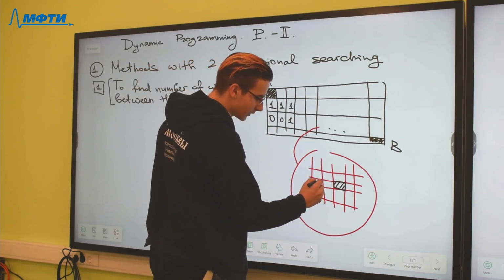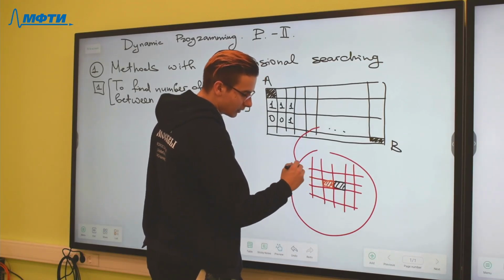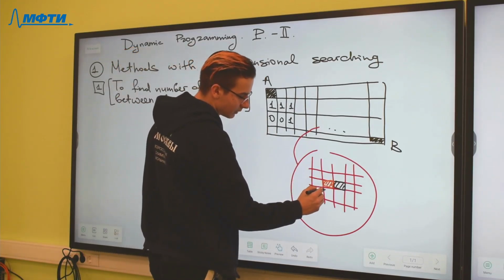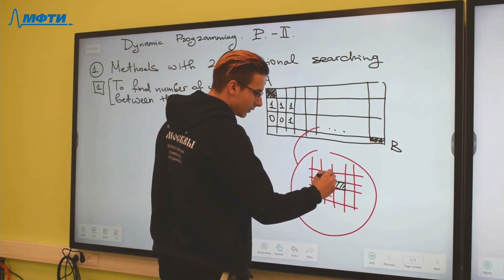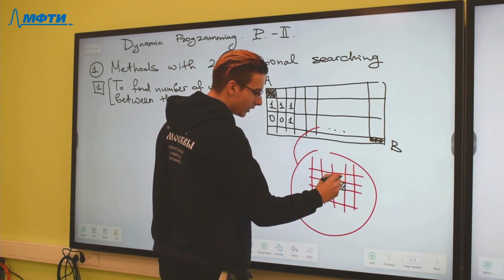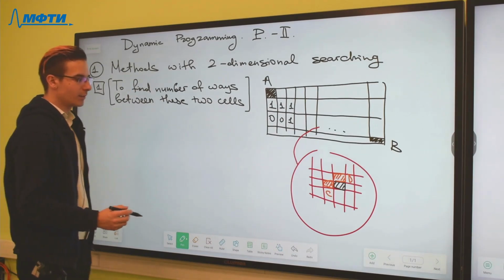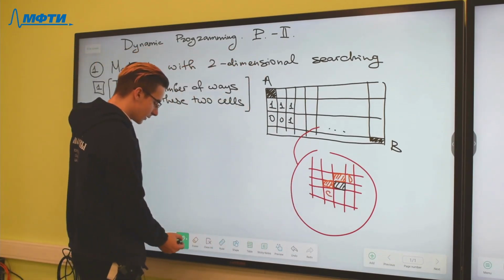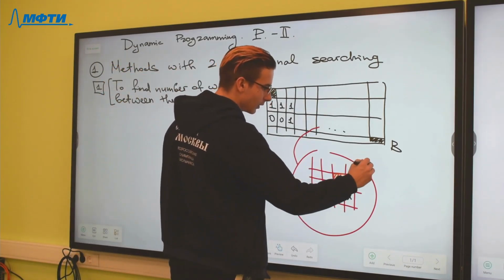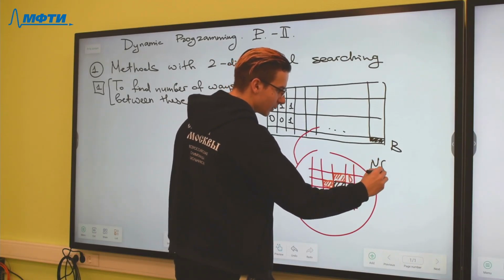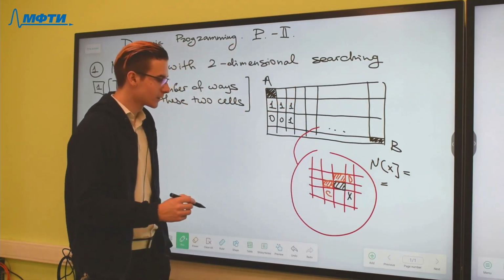So I can draw that if we know the paths from A to this cell, and we know the number of paths from A to cell D, then we say that the number of paths to a new cell, X, for example, equals the sum of these two numbers.